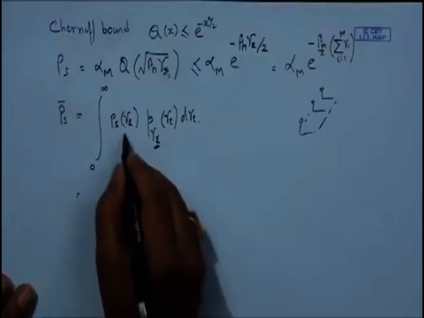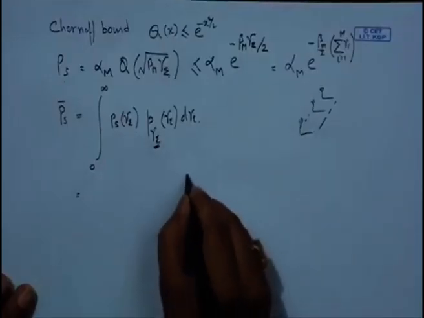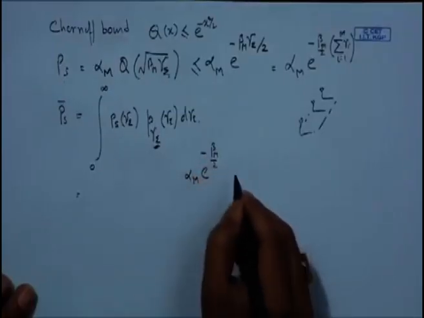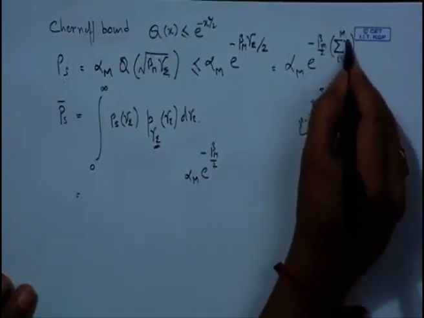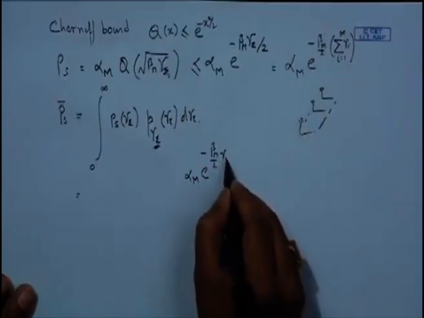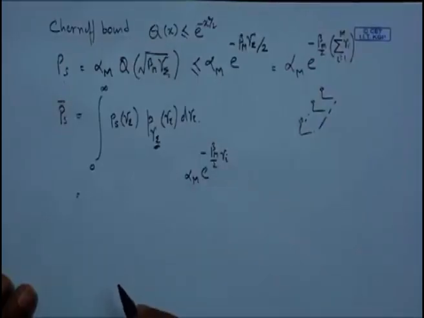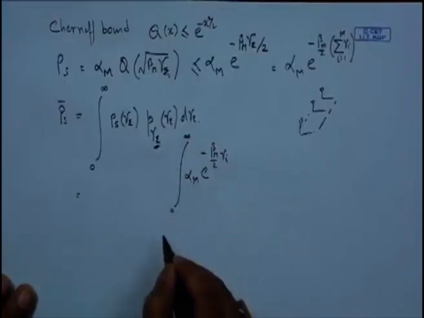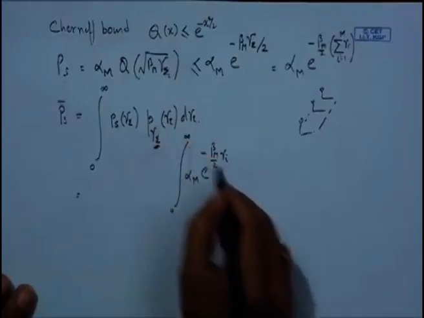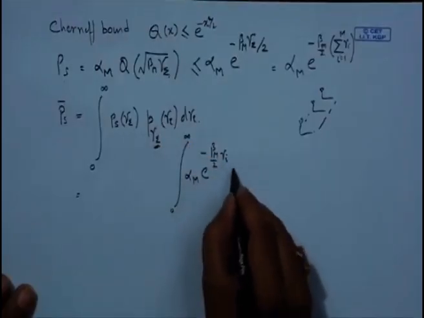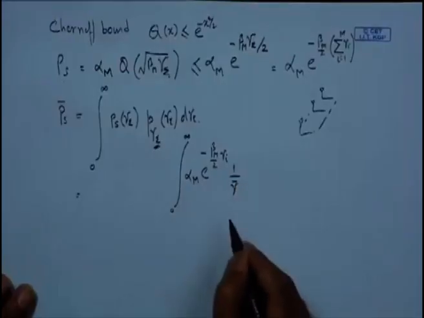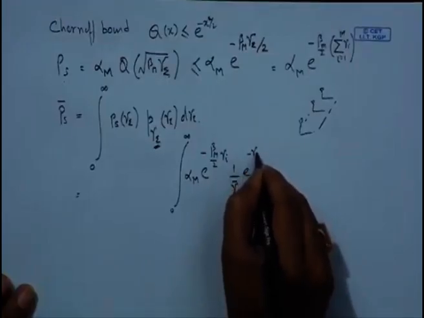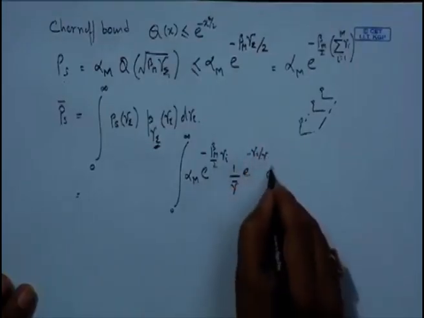So if I look at this expression, it is alpha m e to the power of minus beta m by 2, and the summation that I have, I could write as a product. Taking one of them, integrate 0 to infinity, the particular one corresponding to gamma i: 1 by gamma bar, the average SNR in that particular link, which is the same for every link, e to the power of minus gamma i by gamma bar, d gamma i.